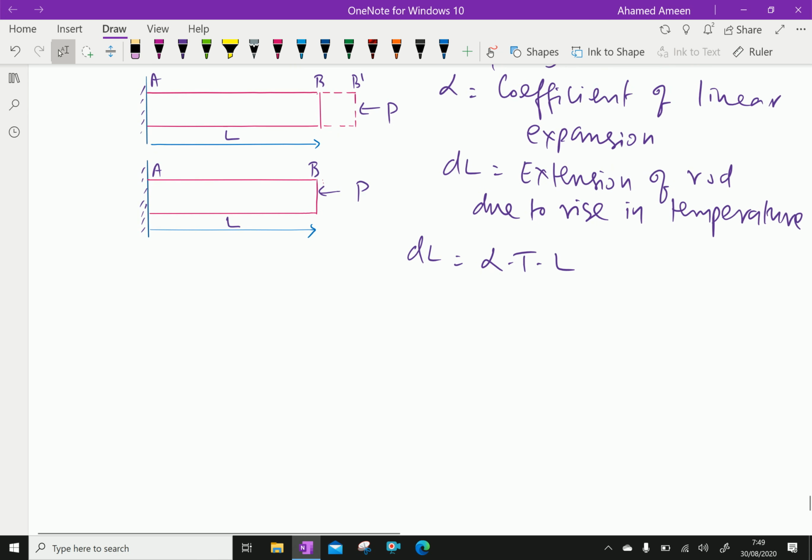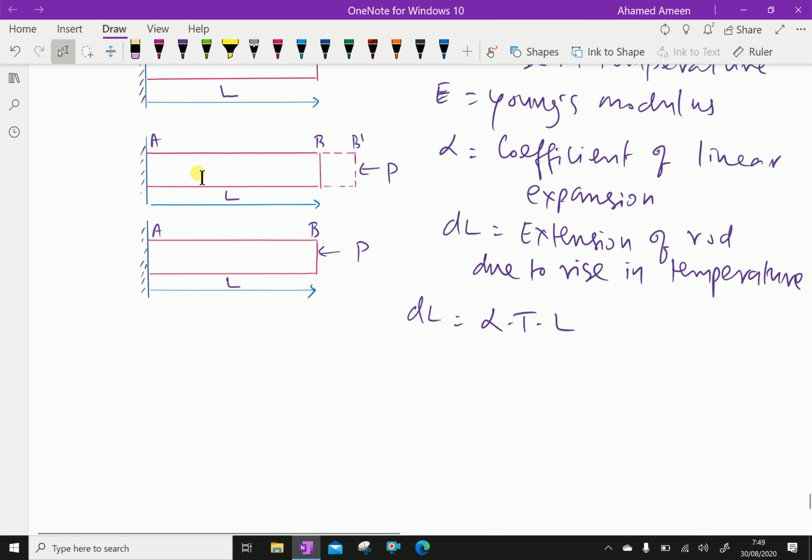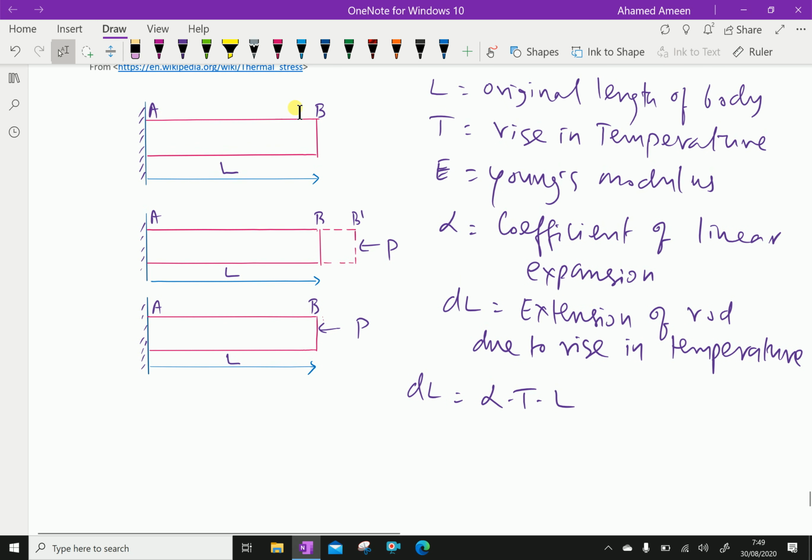Now, here the original length is L, that is AB. After heating the body, the point B goes to B dash. That means the length will increase, and if an external force is applied so that there is no expansion afterwards, thermal stress is created in this body, which we'll discuss now.